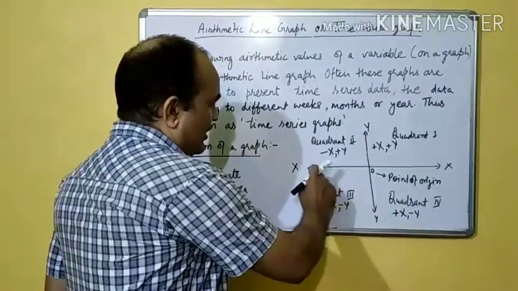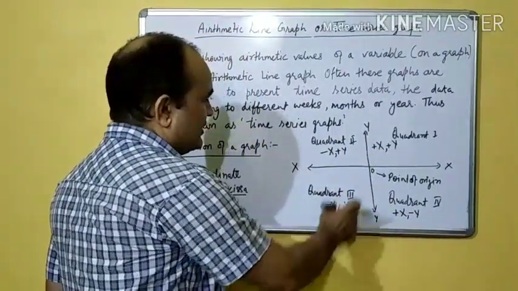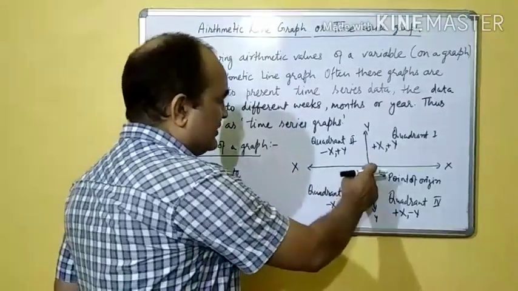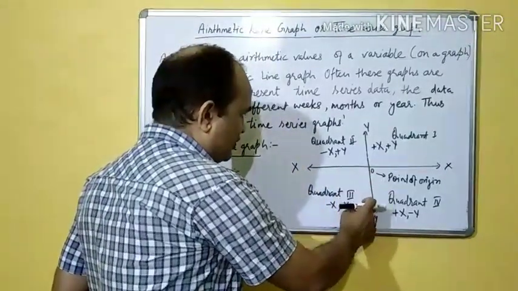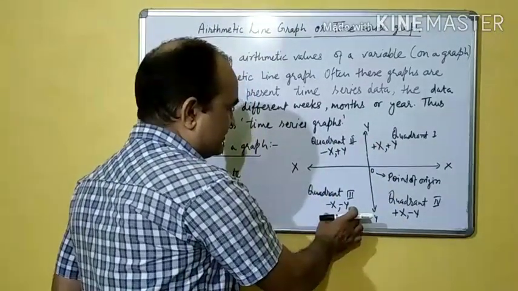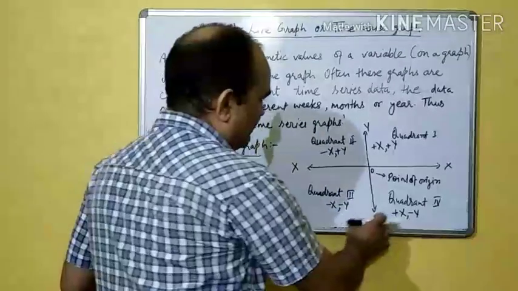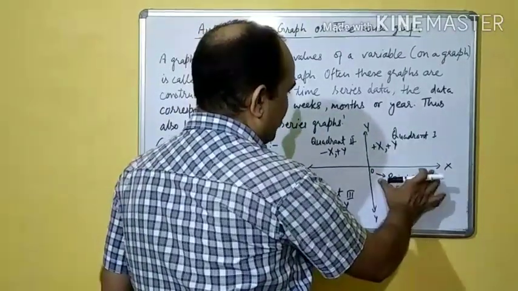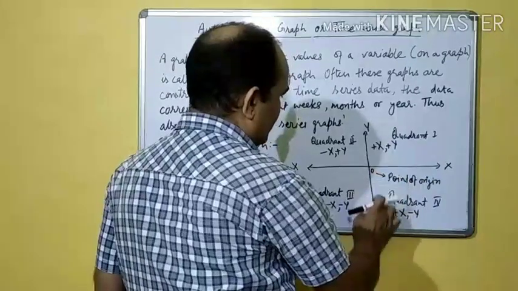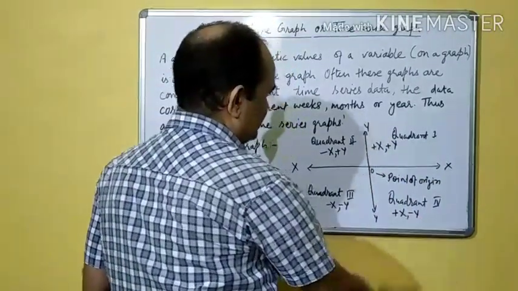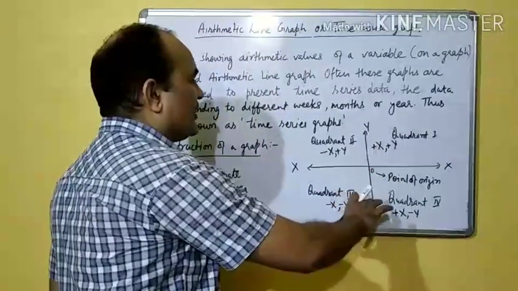Likewise, if you consider this quadrant, this is the minus side of X axis and this particular segment of Y axis is also minus. Same way, this particular segment of X axis is representing the positive values and this particular segment of Y axis is representing the negative values. So these are the four quadrants.